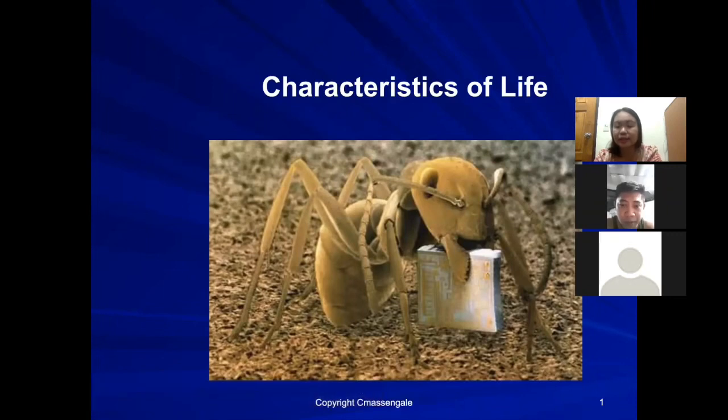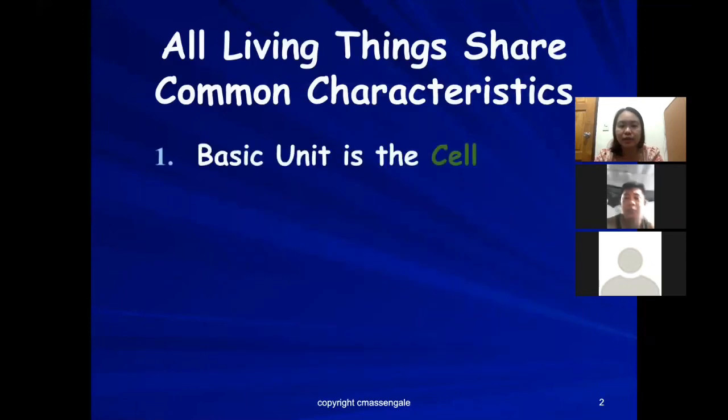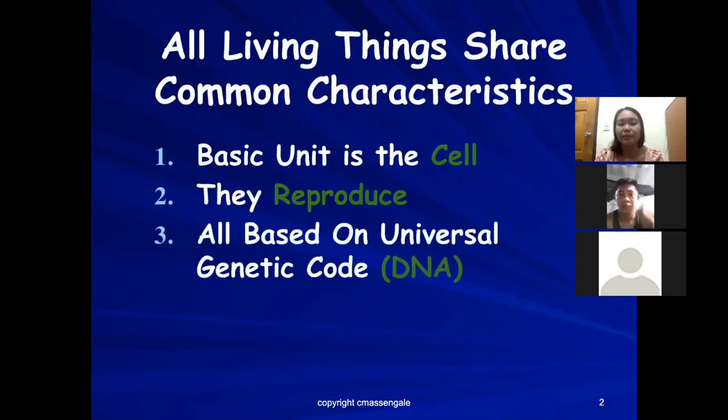So yes, ma'am. It's easy for us to understand living things, especially the characteristics of life, because we know by ourselves that we are living things, and we know that we are made up of the basic unit, which we call the cell, and each cell reproduces.